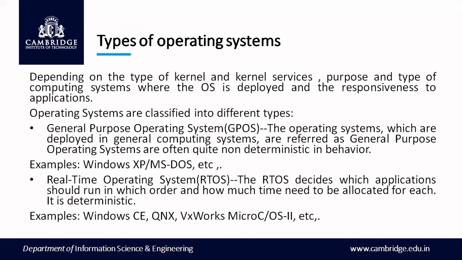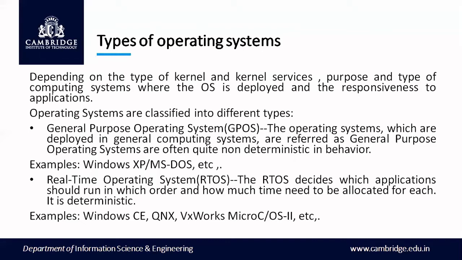RTOS implements policies and rules concerning time critical allocation of system resources. RTOS means it is always time critical. It works in real time, so time is one of the important factors you need to consider here.